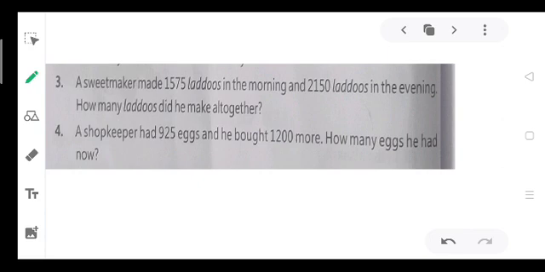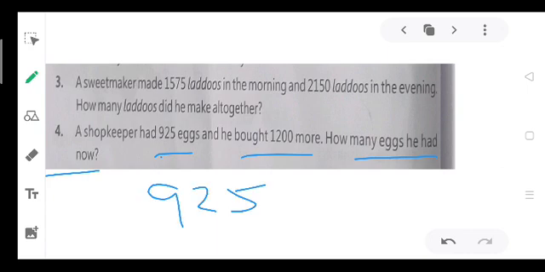Now question number 4. Question 3 I have explained to you. Question 4. A shopkeeper had 925 eggs. He bought 1200 more. How many eggs does he have now? What comes to your mind? A shopkeeper comes to your mind. Visualize him in your memory. And what is he having? He is having 925 eggs with him.